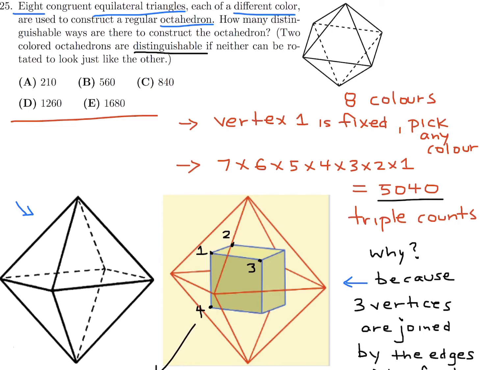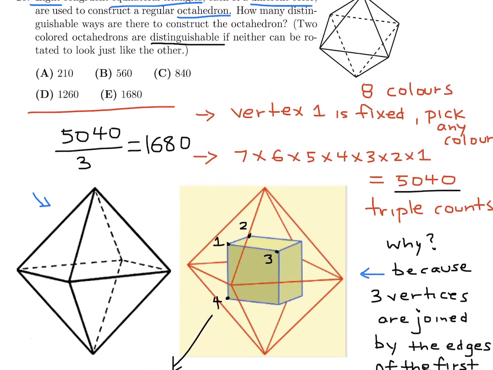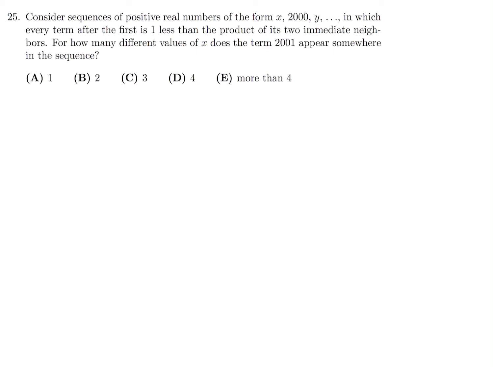They'll be the same if you can rotate them. So therefore, since we've triple counted and we've explained why, this number has to be divided by 3. So 5040 has to be divided by 3 to get the distinguishable octahedrons, and that is 1680. So therefore the answer to number 25 is E. So the answer to number 24 is D.